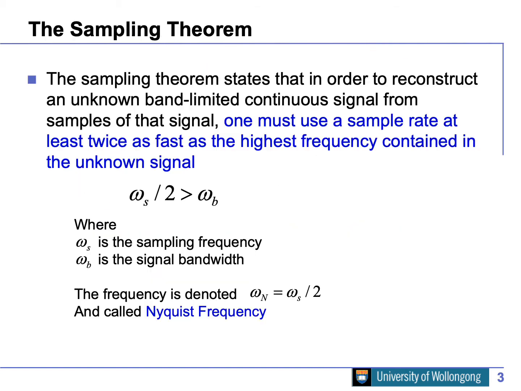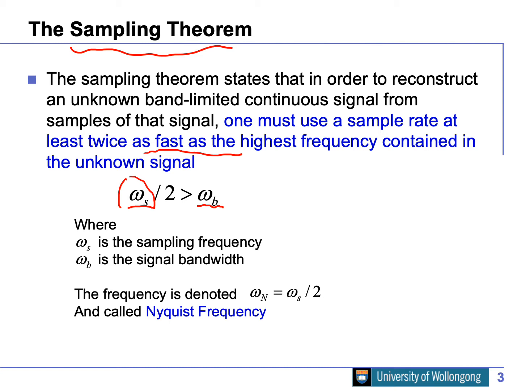This is called aliasing. The sampling theorem defines that the sampling frequency must be at least twice the bandwidth, or the highest frequency, contained in the signal. So the sampling frequency ωs divided by 2 must be larger than the bandwidth of the signal. Normally the signal bandwidth runs from constant to high frequency, so ωb is the highest frequency within the signal.